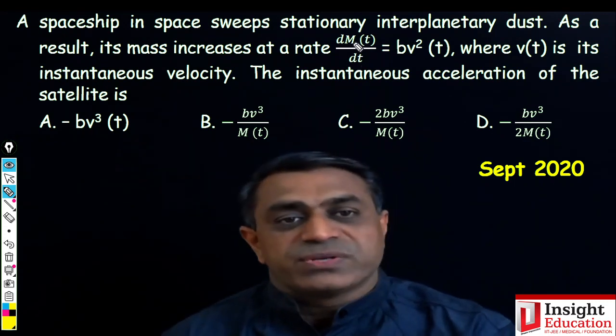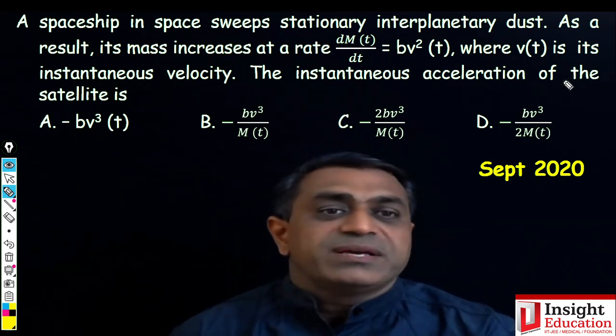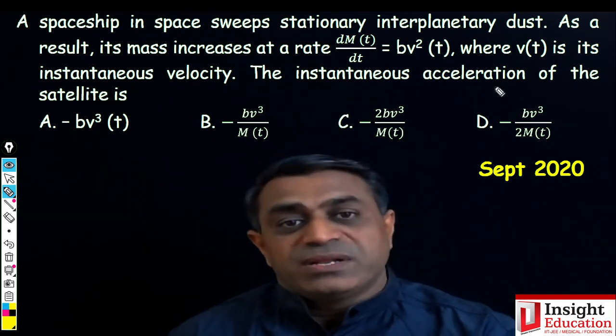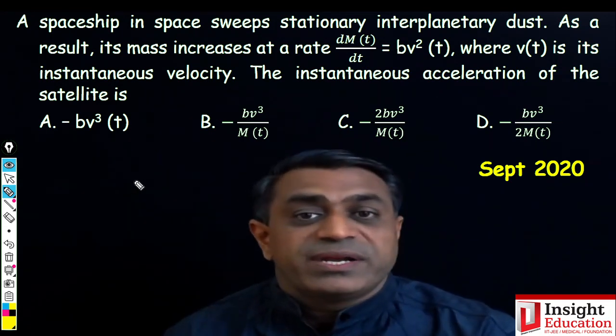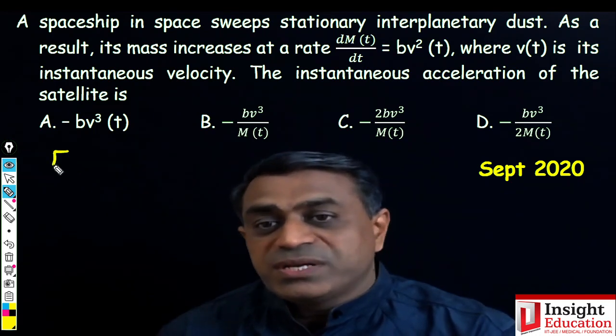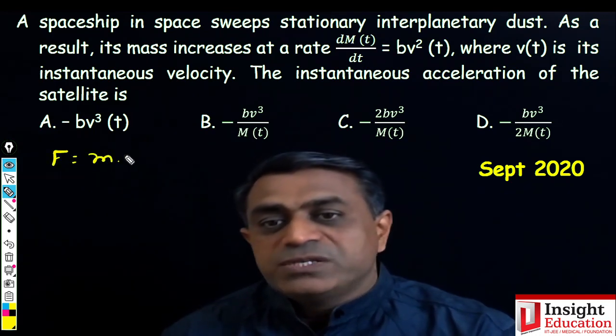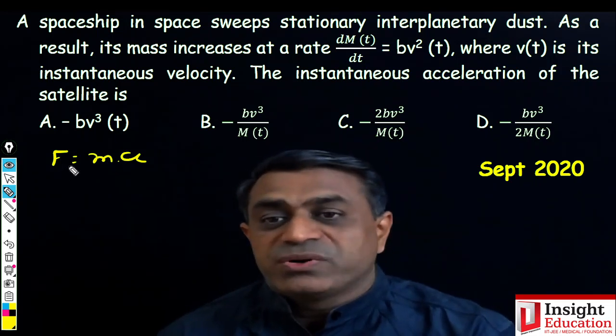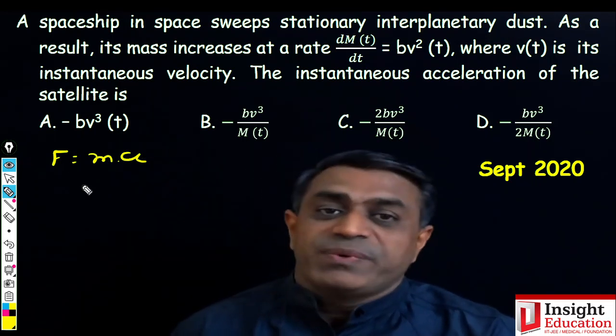Mass is also a function of time. We need the instantaneous acceleration of the satellite. How can we find out instantaneous acceleration? Force is equal to mass into acceleration. So if force depends on time, then acceleration also depends upon time.